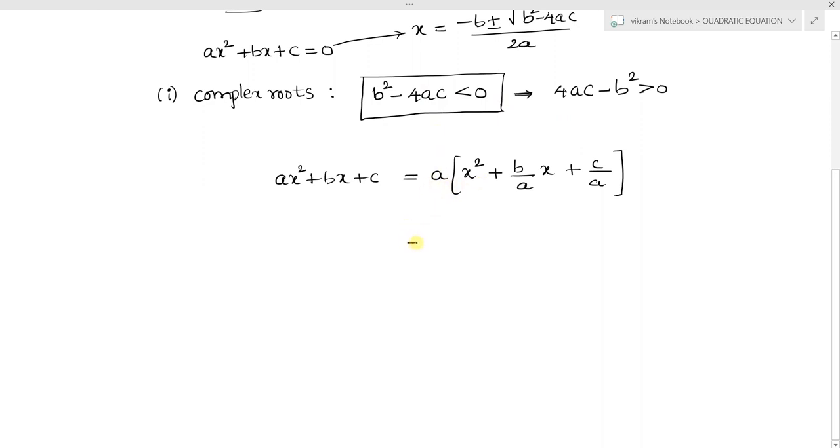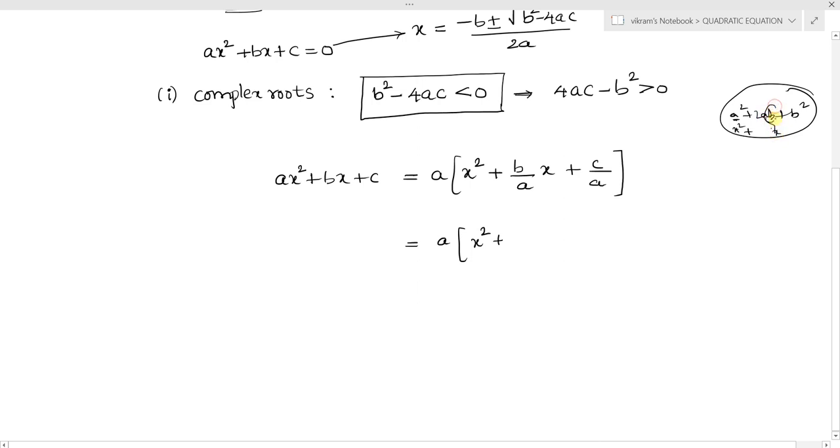Using a square plus 2ab plus b square, the formula for a plus b whole square, in place of a we have x, and in place of b we have b by a. To get the 2, it should be multiplied and divided by 2, which can be written as 2 times b by 2a into x.